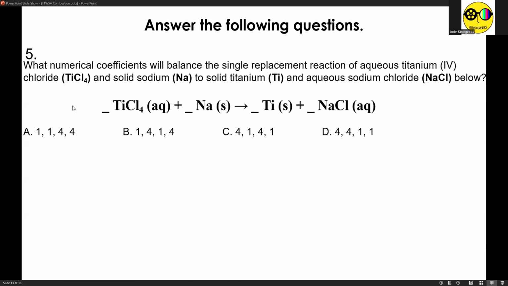Out of all the elements mentioned here, only chlorine is unbalanced because you have 4 chlorine atoms on the left side and only 1 chlorine atom on the right side. So for 1 to become 4, you have to multiply NaCl by 4, balancing chlorine in the process.